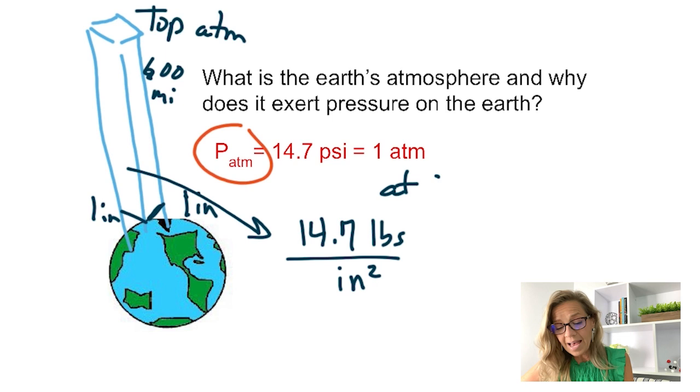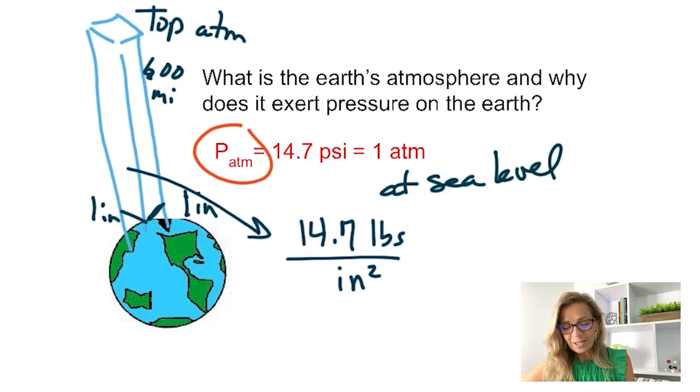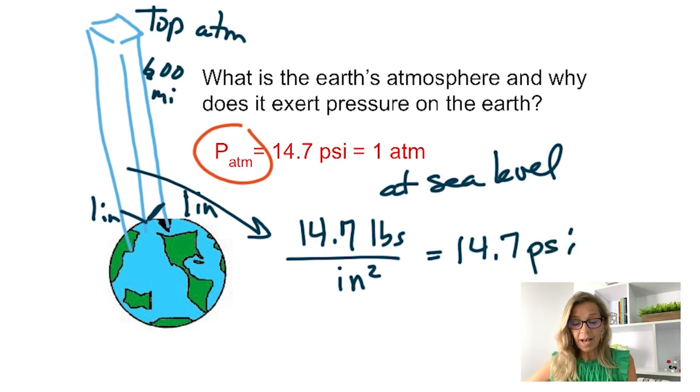And I would say at sea level, right? So pounds per square inch, that is PSI. Now, as you go to higher elevations, what happens? Let's say we have a mountain here. If we go to higher elevation, the column of air is shorter, and so atmospheric pressure is lower. So if you live in high altitude, you have lower atmospheric pressure than at sea level.